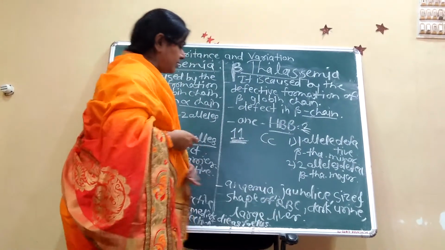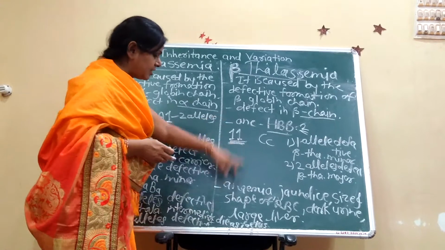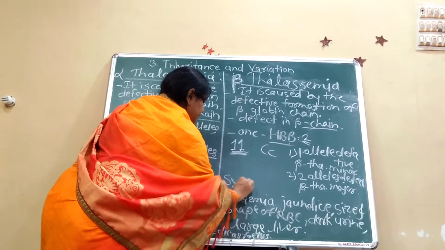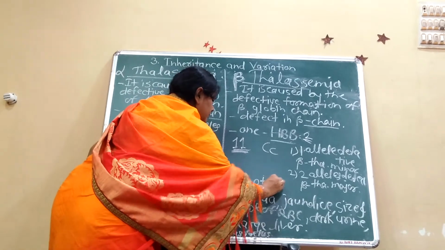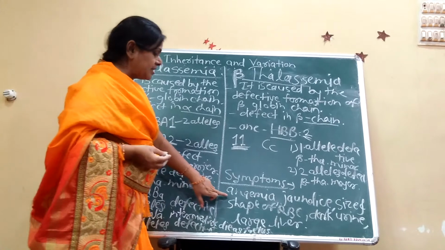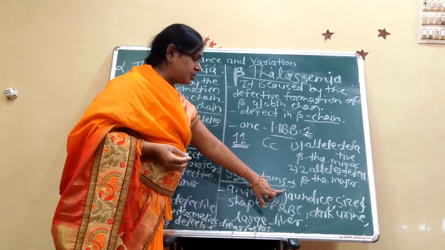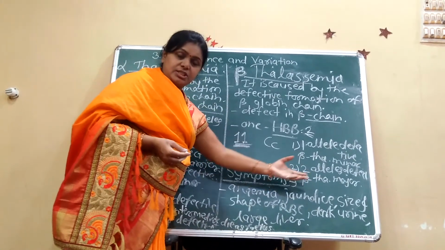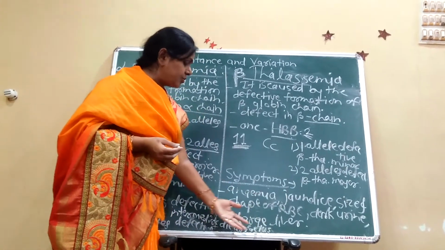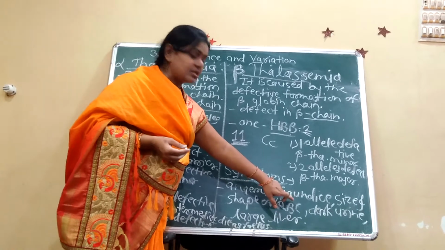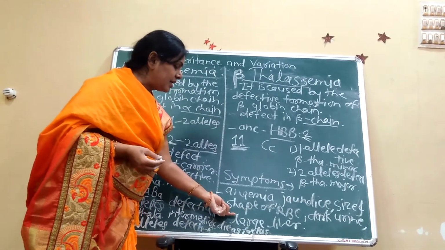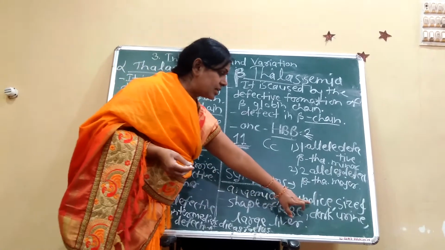This is the serious condition, and it shows these symptoms: anemia, jaundice, which is the pale yellow skin color, change in size and shape of the RBCs, and large or dark urine.